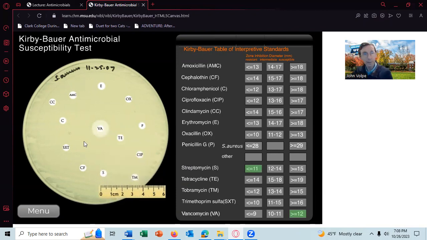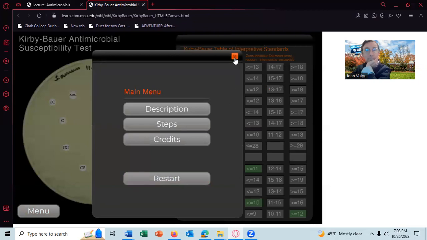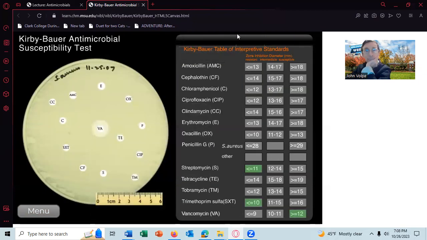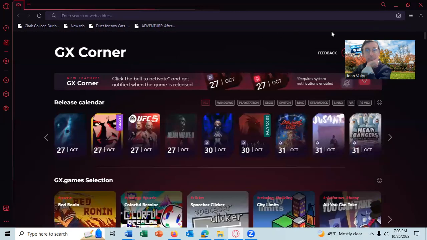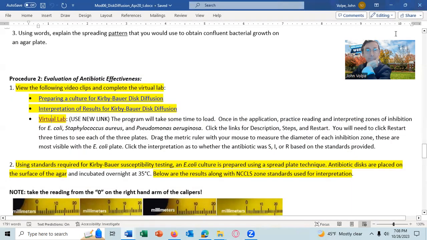And all the others should be resistant, because I'm not seeing anything except for vancomycin that has a zone of inhibition here. All right, any question on that? If not, let's close that down. Just close that whole browser down.